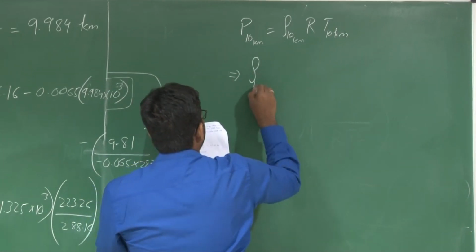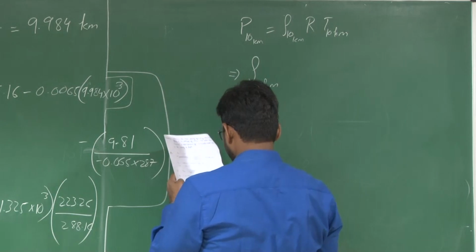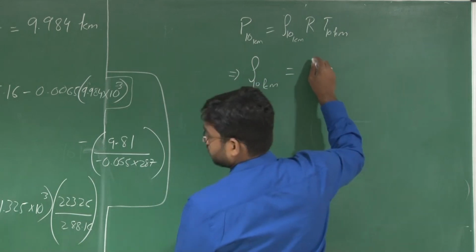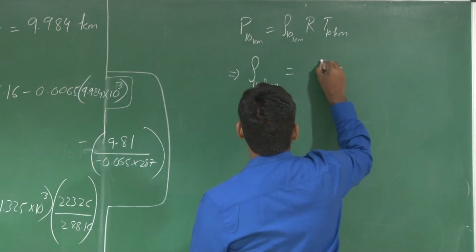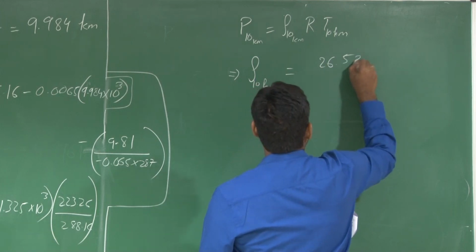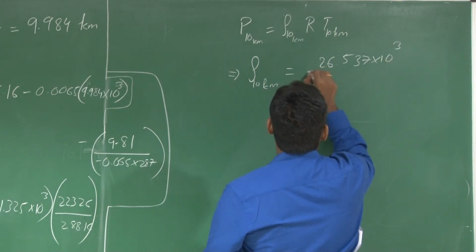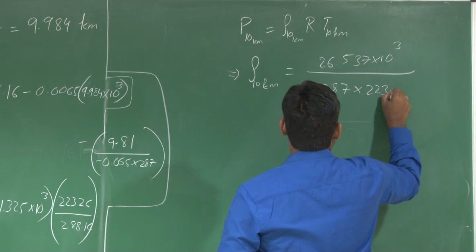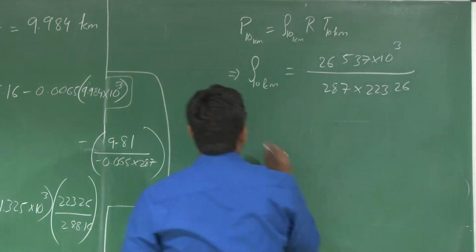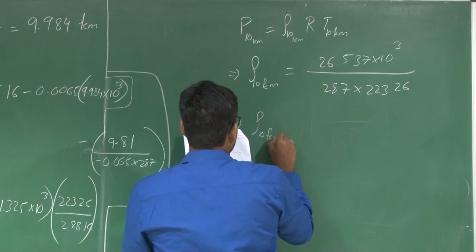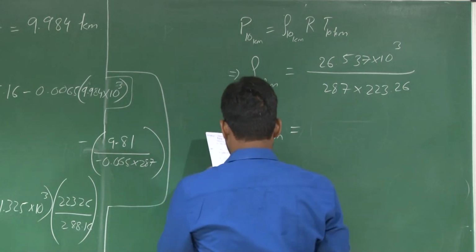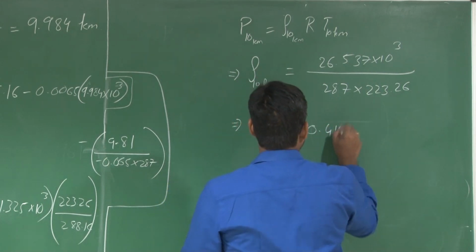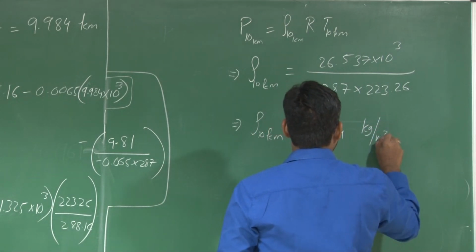So density at 10 kilometers is equal to 26.537 into 10 power 3 divided by 287 into 223.26 Kelvin. This implies density at 10 kilometers is 0.414 kg per meter cube.